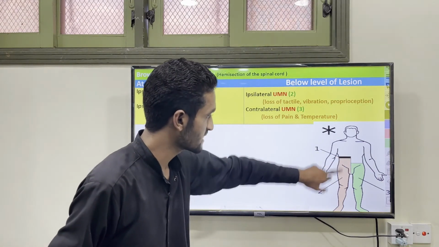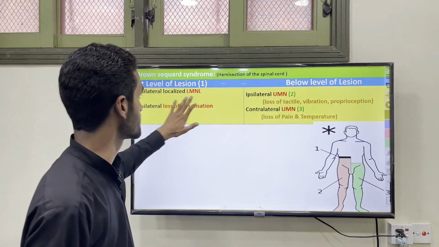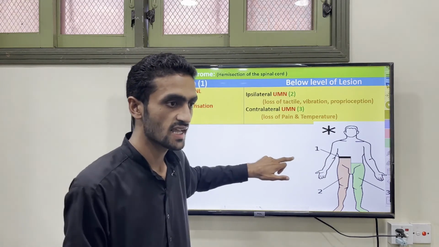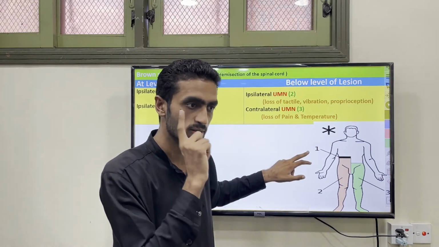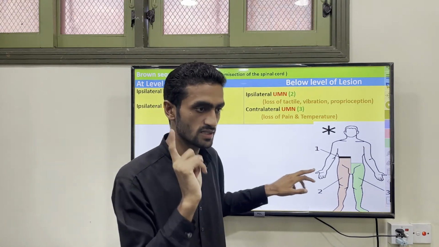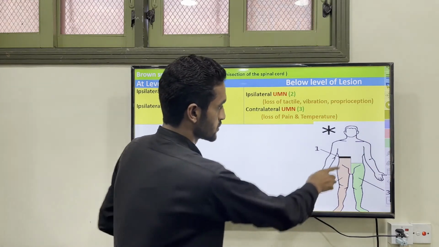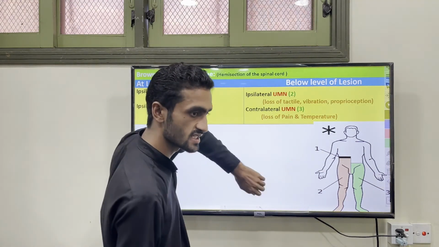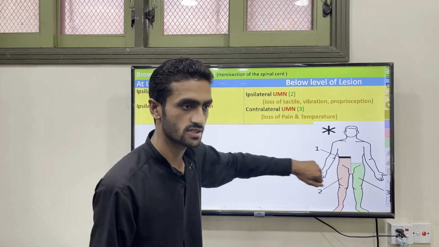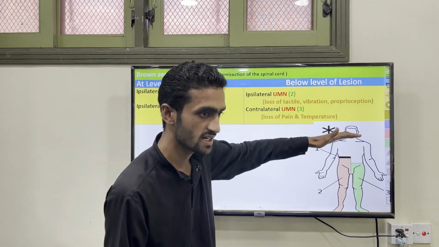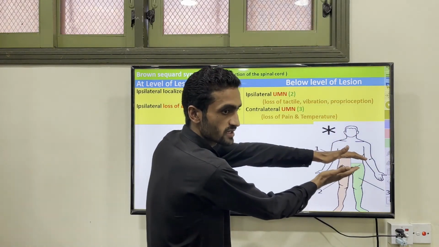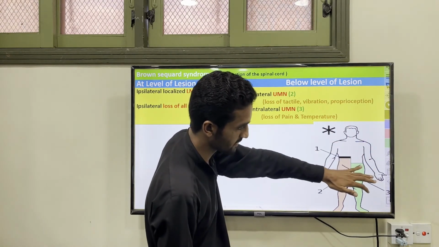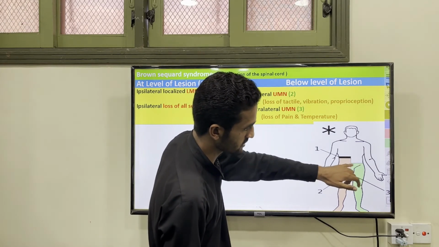So this number one is actually the level of lesion. You have ipsilateral lower motor neuron loss, motor function is lost, and you need to consider both the sensory and the motor pathway. All sensations going to this side have been lost, because the tracts coming right here have no pathway allowing them to move. If you look at this level, can you see a difference?